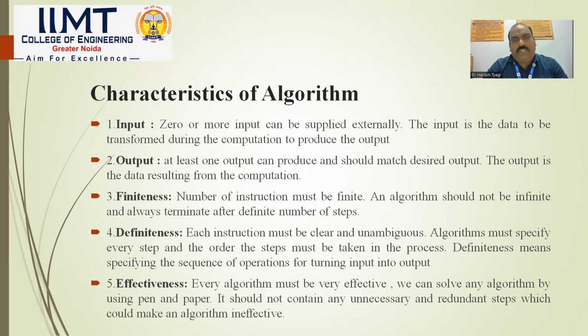Then 0 input means the number of inputs is 0. Maybe 0 or more inputs can be supplied, means 1 input, 2 inputs, 3 inputs. We know very well about that. But what is the number of inputs 0?